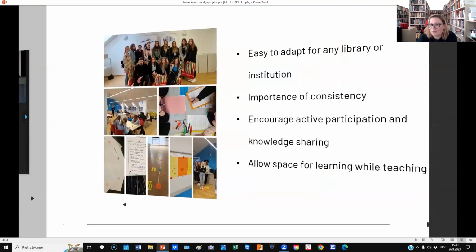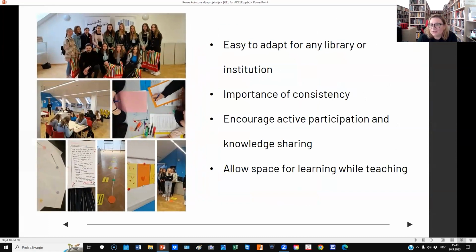You can do the program for yourself in your library. You can use the materials, but the community is the key. Like I said, it wasn't easy for us. Many people were skeptical because of the length of the program, because of the format of the program. Everything was online, because you had to commit to nine weeks of doing the program to become a trainer.